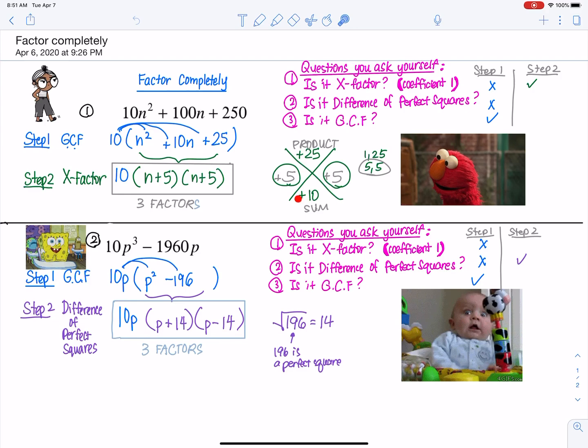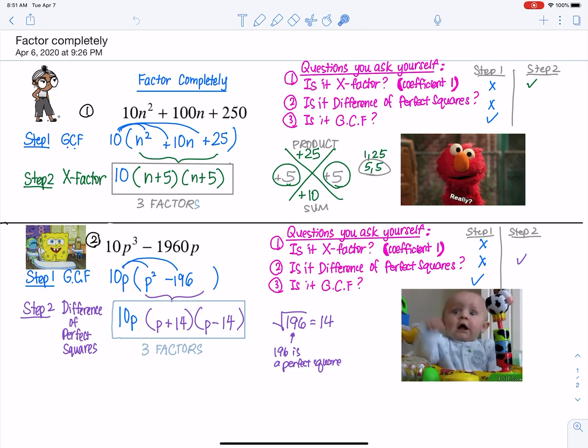Now, you got to focus on the sign. Sum is like little brother. Little brother follows the sign of big brother. But which of these numbers is bigger? Well, they're both the same, so they're both going to be positive. So double check in your calculator. 5 times 5 is 25. Yep. 5 plus 5 is 10. Yep, it works out.